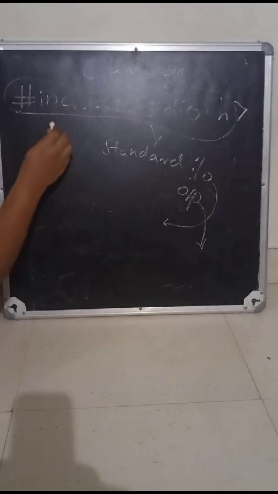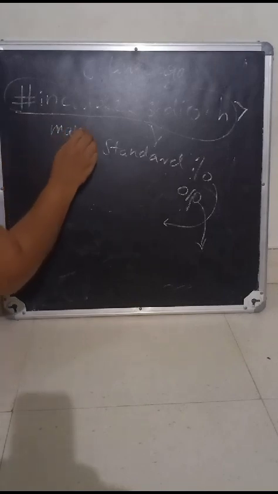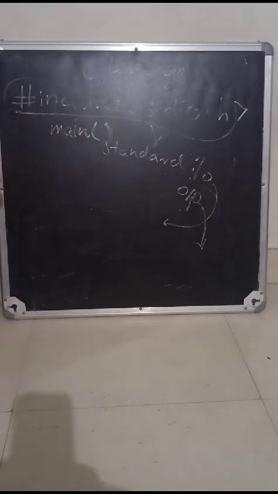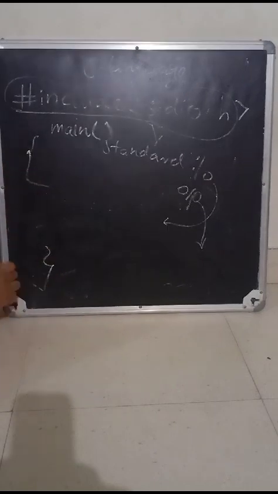Once I have added the header file for input and output, what I have to do next is add a main function. All the code that I write in C, I have to add within the main function.